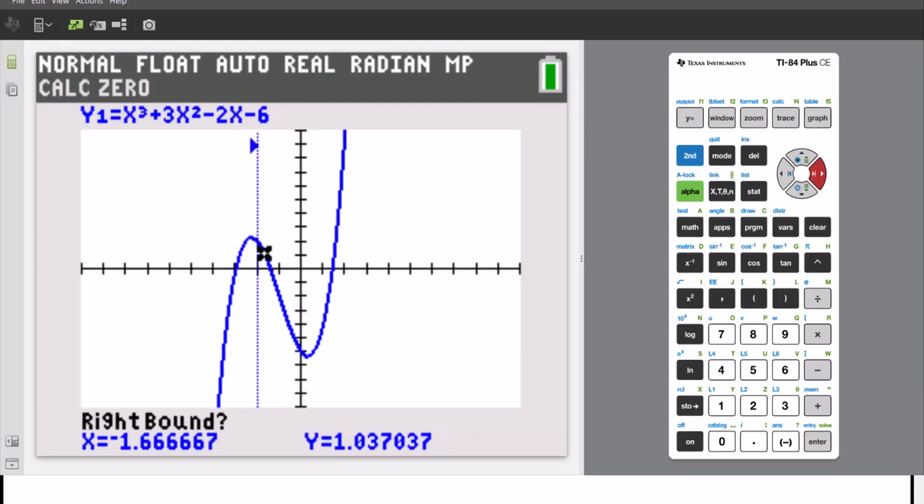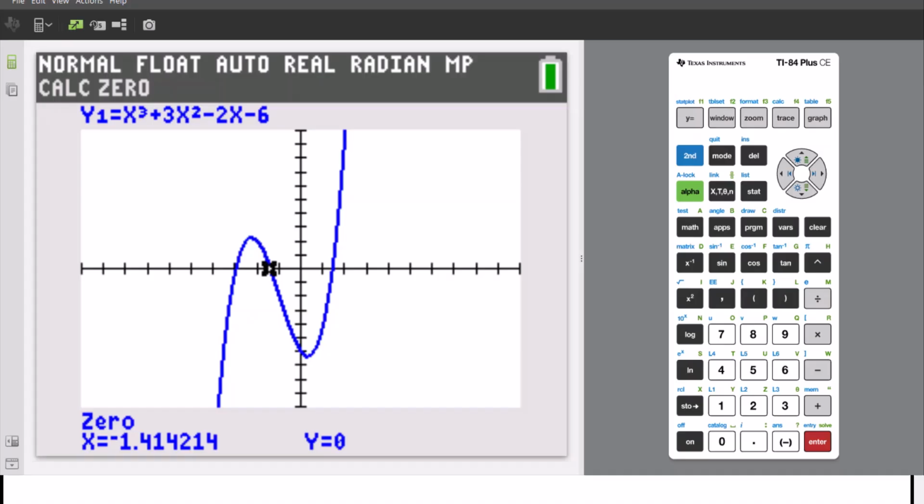Next, I'm going to tell it to go to the right side of the intersection. The gap here is bigger, so the calculator might take a little bit more time to find the solution. It's asking, should I guess? And yes, guess it for me. So click enter one more time, and the calculator returns -1.414214.